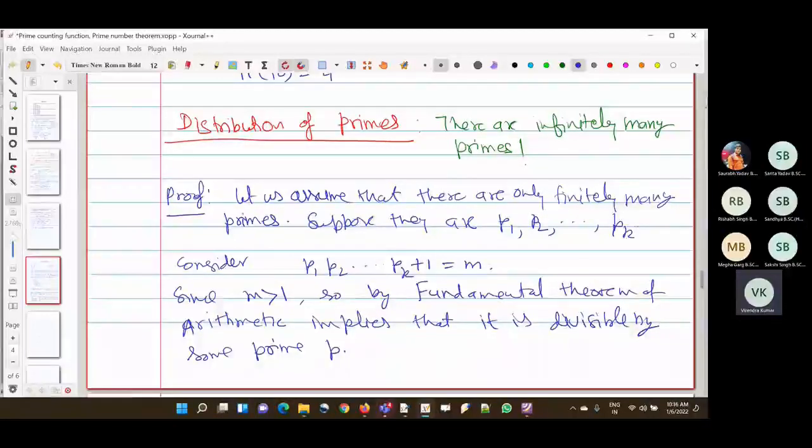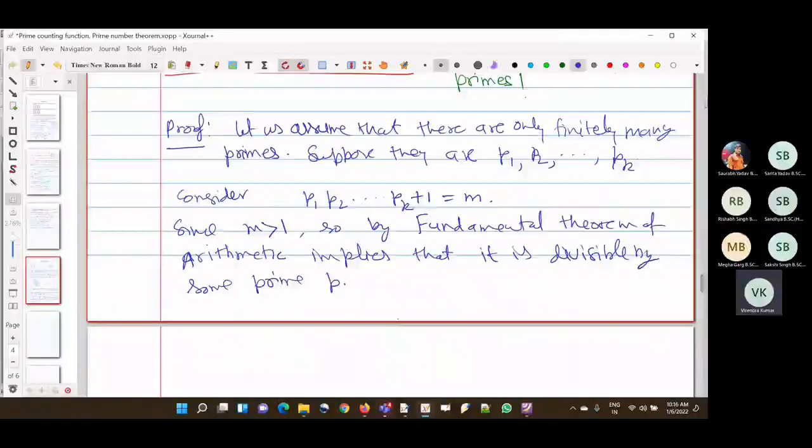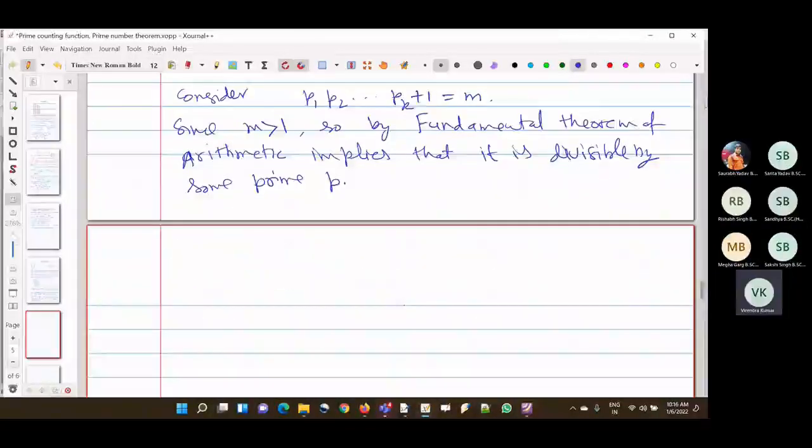Just as I was telling, every positive integer greater than 1 can be written as a product of prime numbers. I have illustrated this with certain examples, I've written 110 and then 72. So if a number is a product of primes only, it will be divisible by those primes.